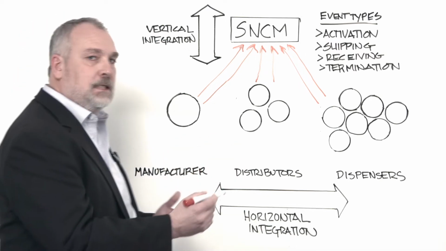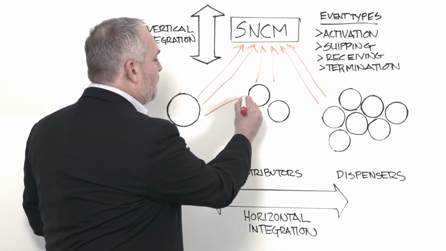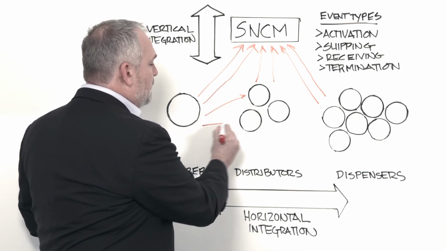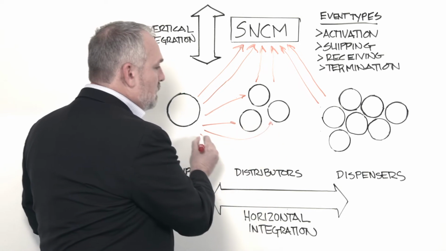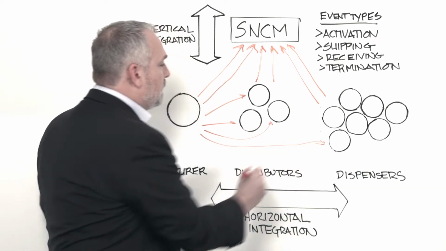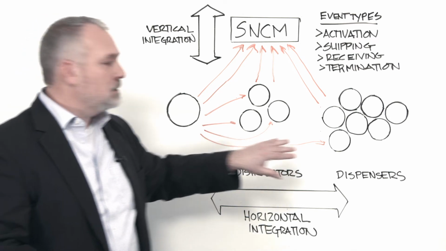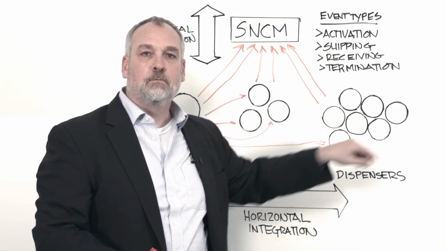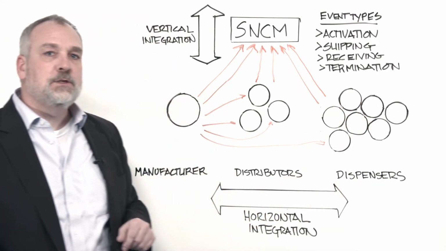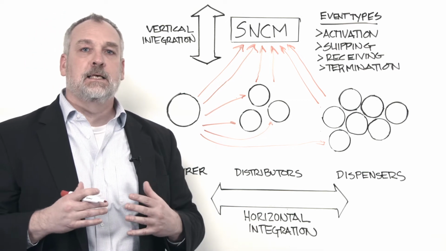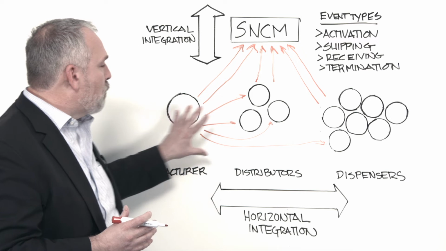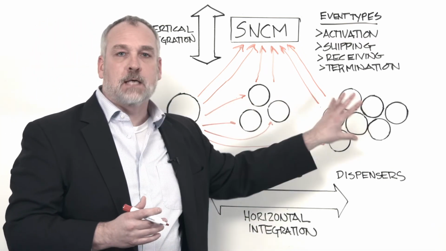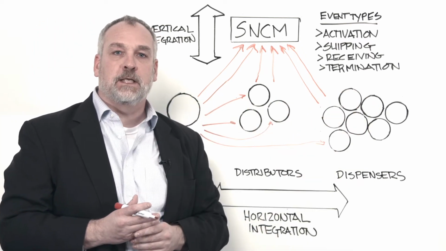So there's a need to send information to each of the companies that you're shipping product to. And they may be wholesalers, they may be health systems, retail pharmacies. So this creates a classic supply network challenge where you're required to integrate across multiple different companies.